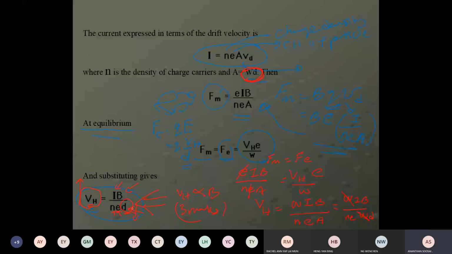One past-year question asked about the slice you use. Does it need to be a semiconductor or a metal to have a significant Hall voltage? What is your answer?